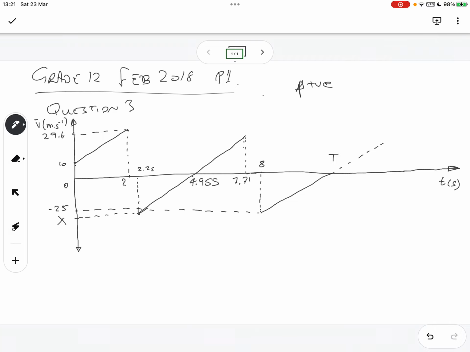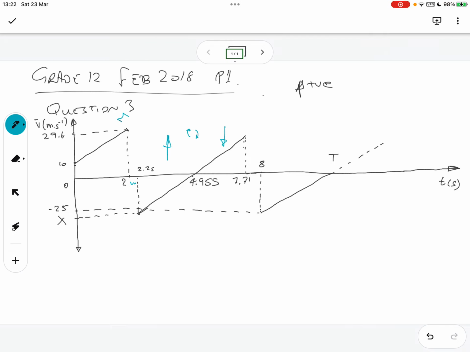Right, so I just want us to describe the motion before you answer the question. So the ball is being dropped. That's the velocity at which it's being dropped. That's the point where it hits the floor the first time. That's how long it comes into contact with the floor, from 2 seconds to 2.2 seconds. Then it moves up again, changes direction, then moves down, hits the floor again.